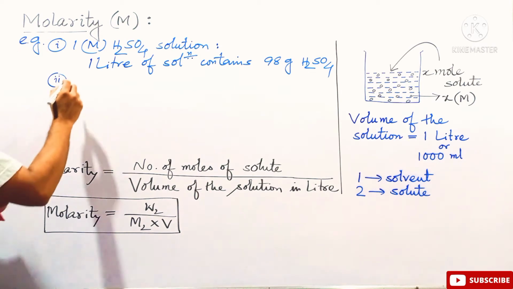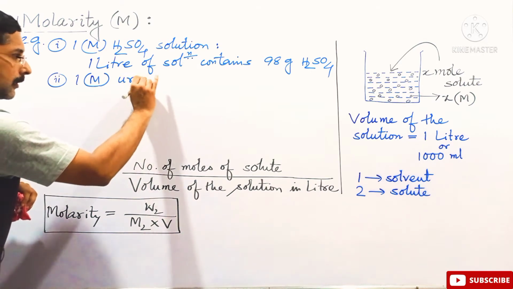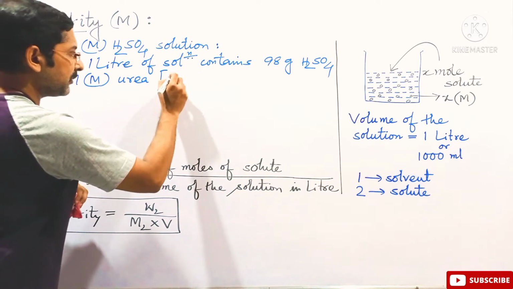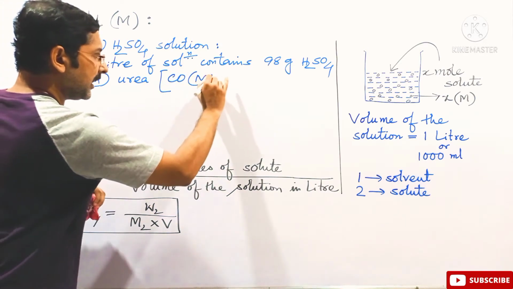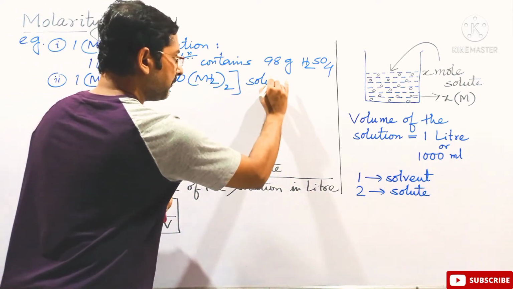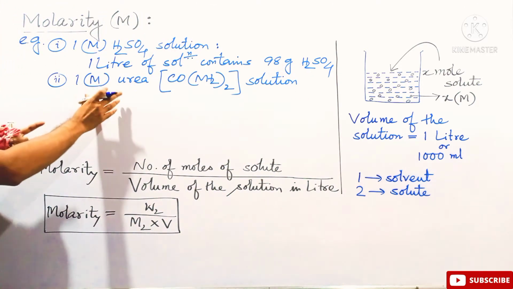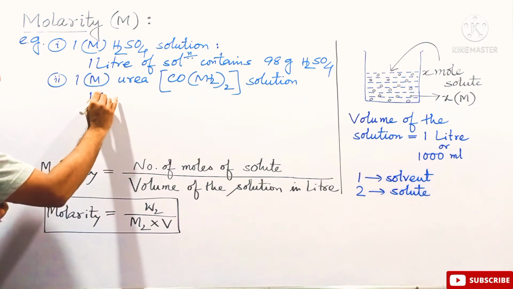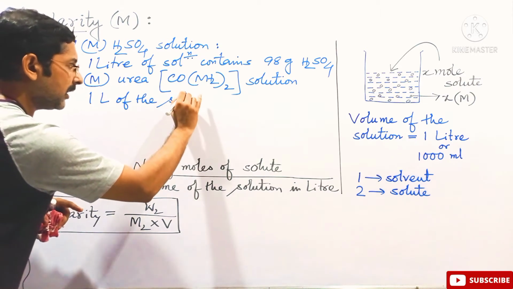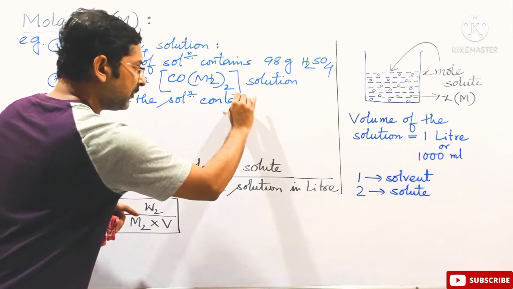Our second example is 1 molar urea solution. Urea means, of course, CONH2 whole twice. This is urea solution. So 1 molar urea solution means 1 liter of the solution contains how much?